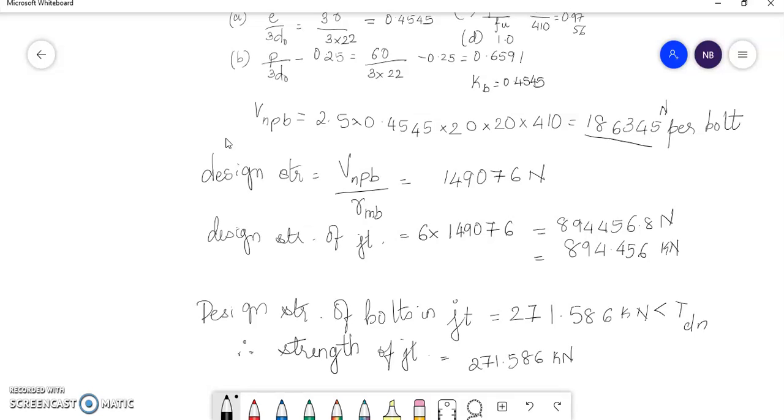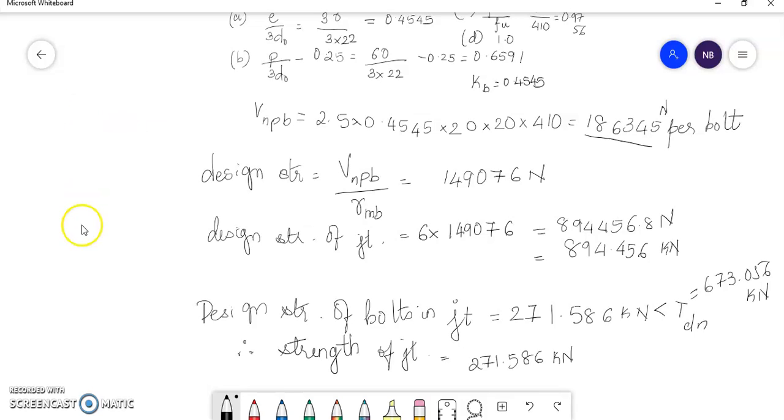When we calculate the strength of a whole system of plates and bolts put together, we have to consider the least among them. So that is why we say that the strength of the joint is 271.586 kilonewtons, even though we get a value of 673 kilonewtons as the strength of the plates.